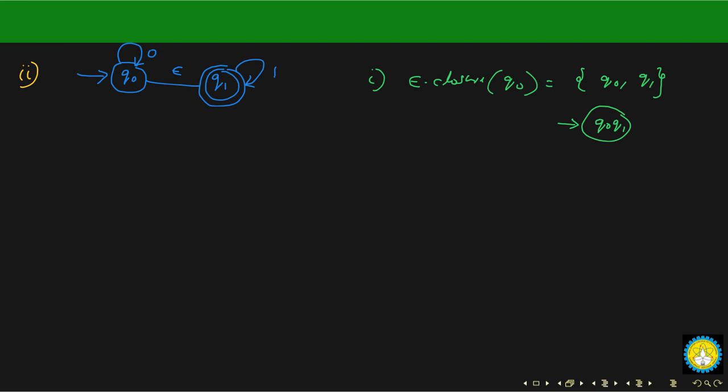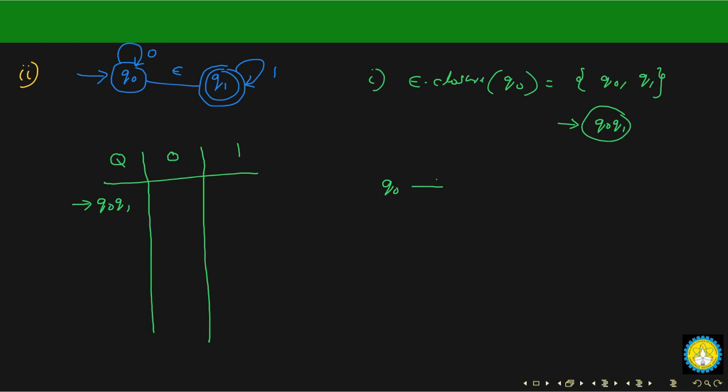Now we are going to construct the transition table. The starting state we have identified is Q0, Q1, and now we want to find the transitions from Q0, Q1. First, the transition of Q0, Q1 on 0.